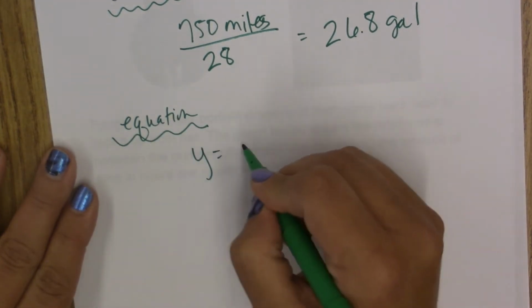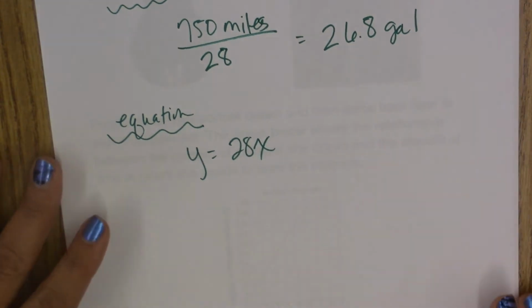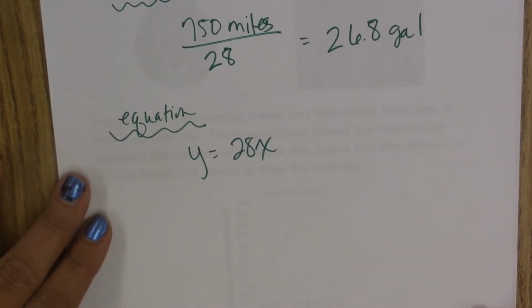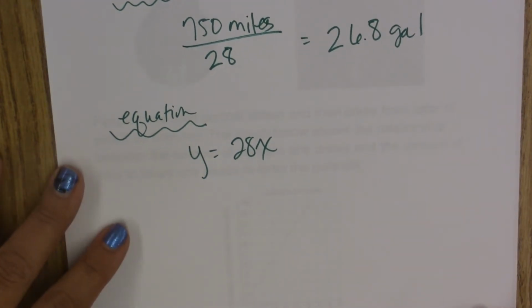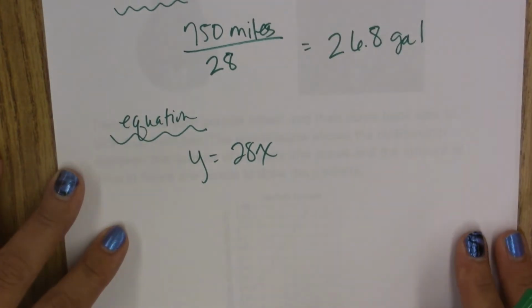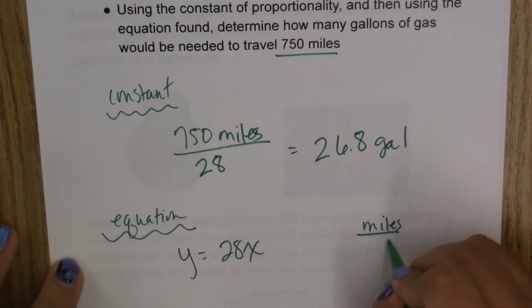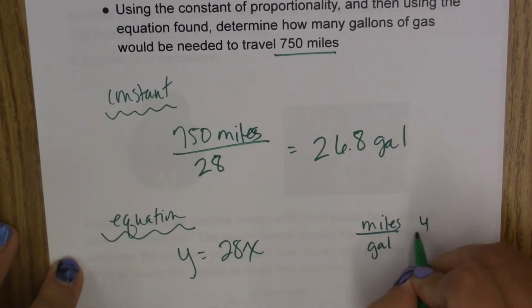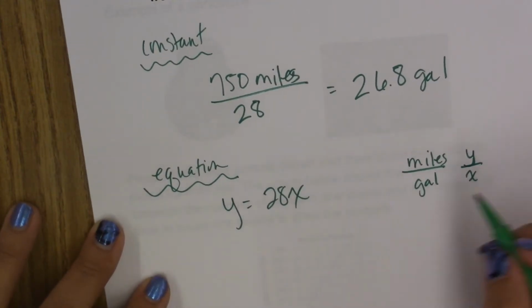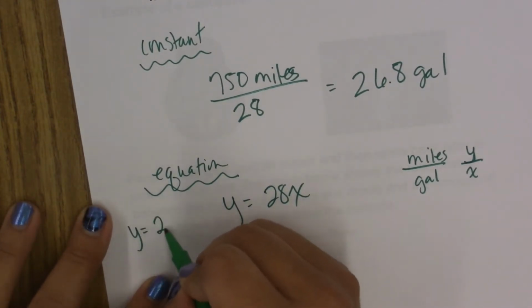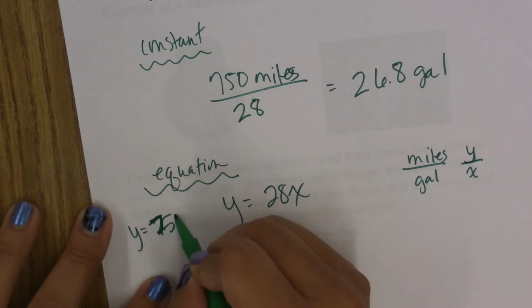All right, so to show what that looks like with the equation, which was y equals 28 times x. We have 750 miles. If we're doing miles per gallon, miles is our y because it's on top. So my y is equal, oh, not 250, 750, there we go.